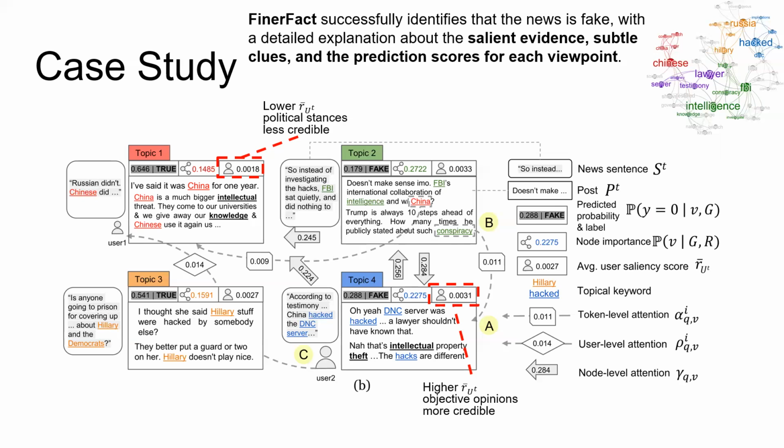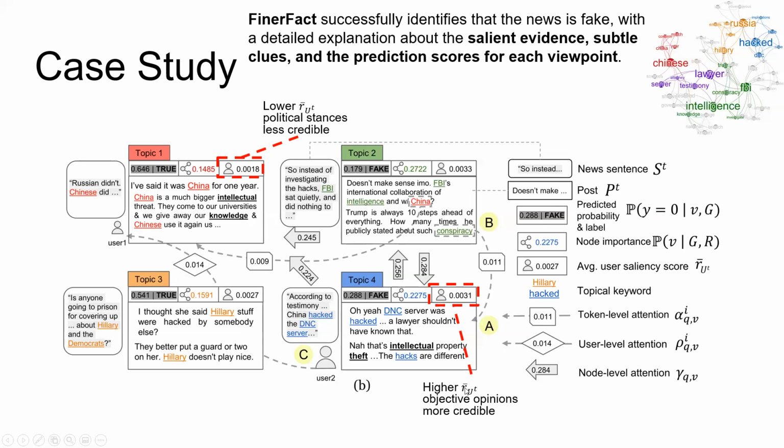And by using the kernel graph attention mechanism, we can determine the information propagated from one topic to another topic, such as the gray arrow here with the number 0.245. This is the weight of the information that propagates from topic 2 to topic 1. We also have the user level attention and the token level attention, which are given by different node shapes right here.